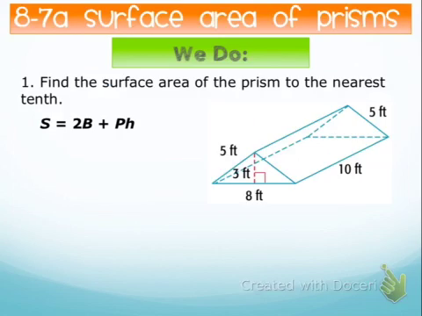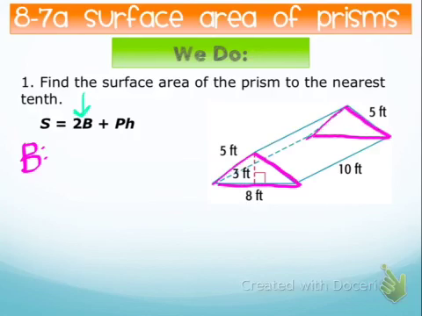So the first thing that you need to do is find the area of our base. To find B, we've got to look at our prism and decide what is our base. So our base is right here, and we have 2 of these, which is why we're going to multiply by 2. For this example, the base is a triangle, so the area is going to be 1/2 base times height of that triangle.